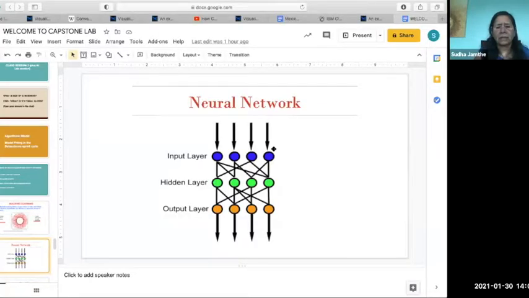So the whole concept of feed forward, let me go back to my slide. So it started with this concept of feed forward, where they said there is an input layer. That's how you feed the data, right?